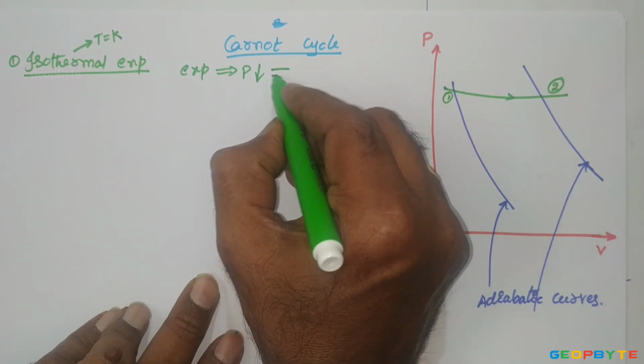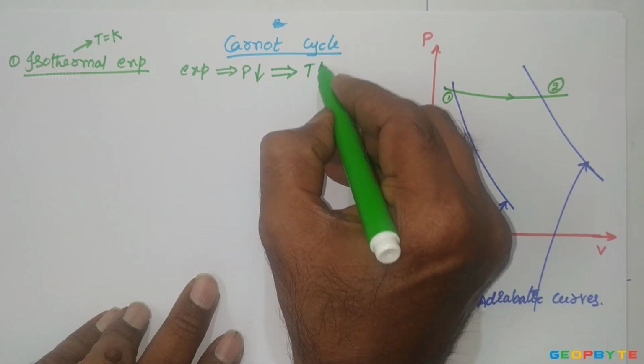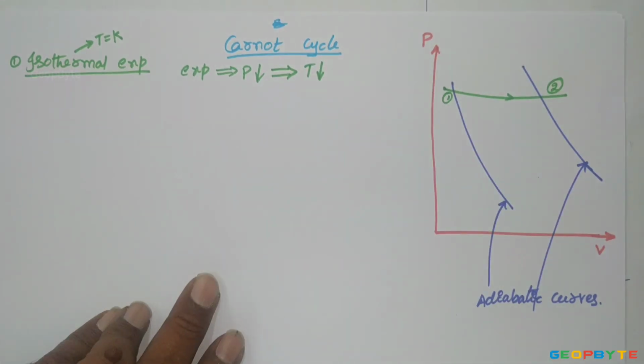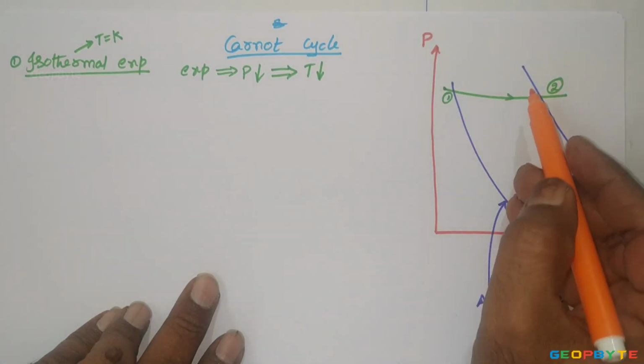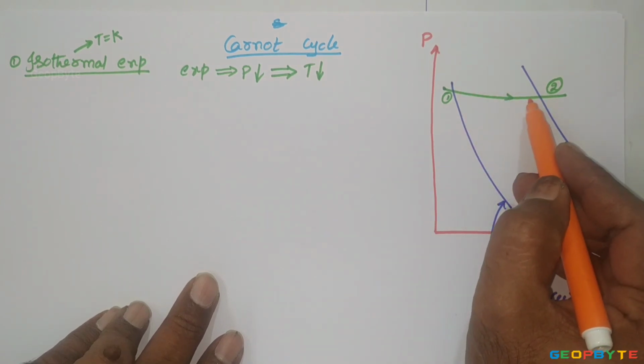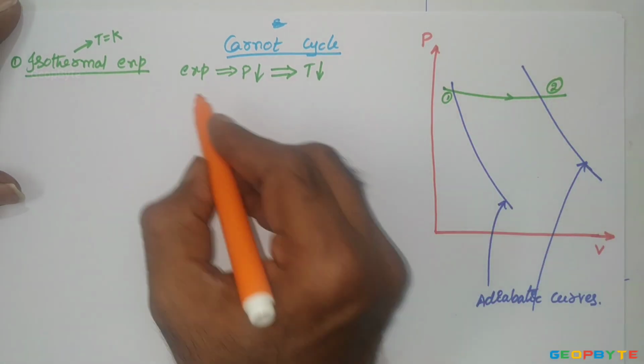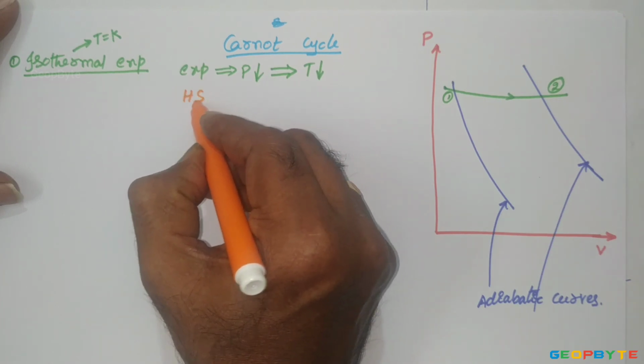Along with pressure, temperature is supposed to decrease. But if you want to maintain constant temperature throughout the expansion, a hot source is required.